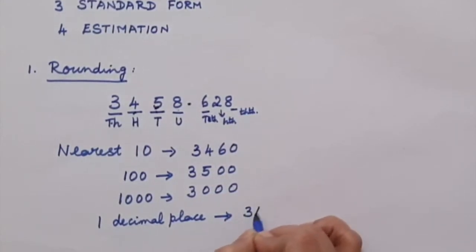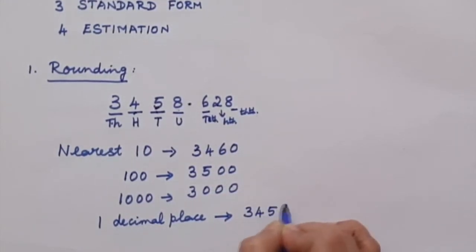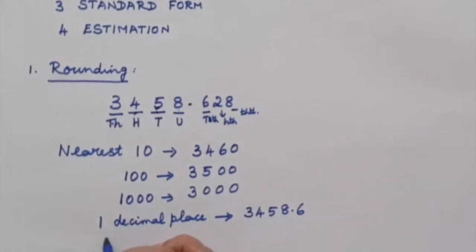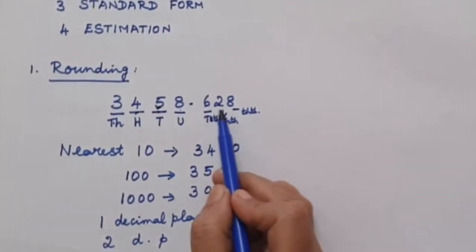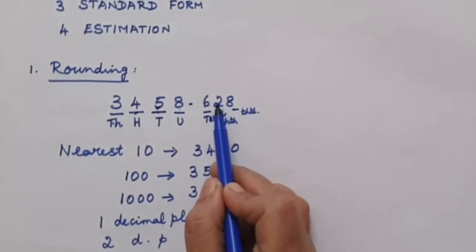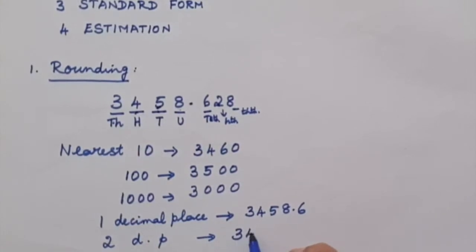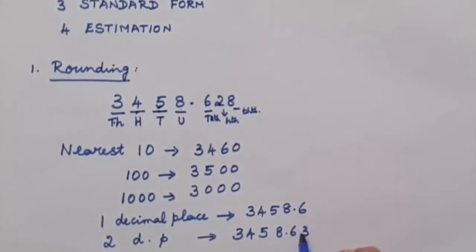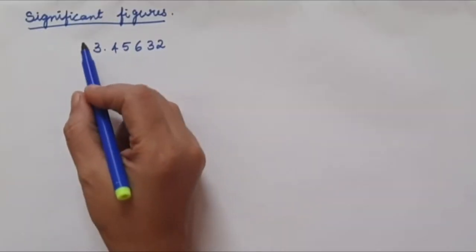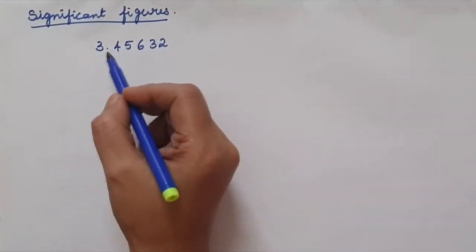Our number becomes 3458.6. In the same way, for 2 decimal places, we look at the next digit, which is 8, so we add 1. So our answer will be 3458.63.